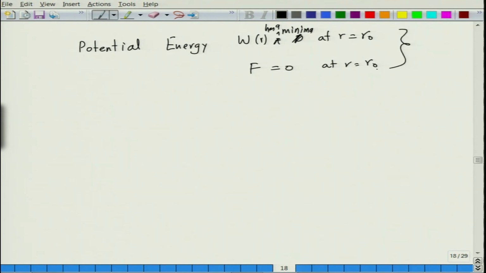This is the summary of the previous point. Now, in crystalline solids, when you want to go from r is equal to r naught to, let us say, r1 or r2 when you apply tension or compression, let us say this is tension, this is compression.